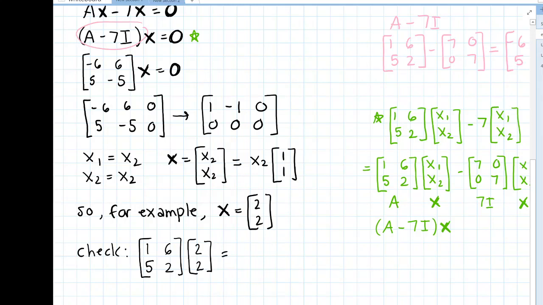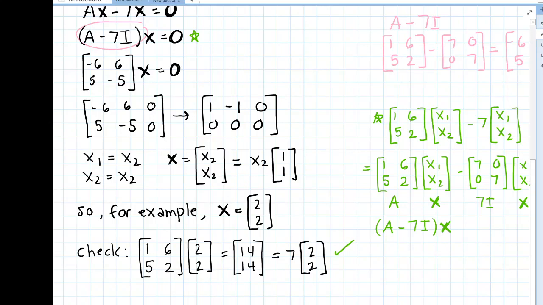So moment of truth, let's see. 2 times 1 is 2, 6 times 2 is 12, so we get 14. And on the bottom, 2 times 5 is 10, 2 times 2 is 4, so we get 14. And that is in fact equal to 7 times 2, 2. So we get a check mark here, that worked.